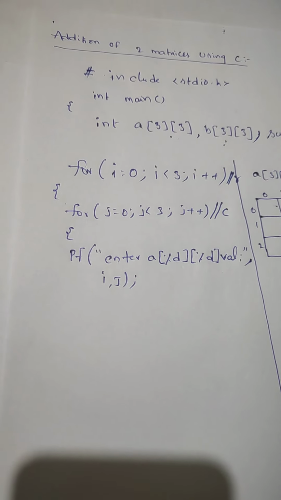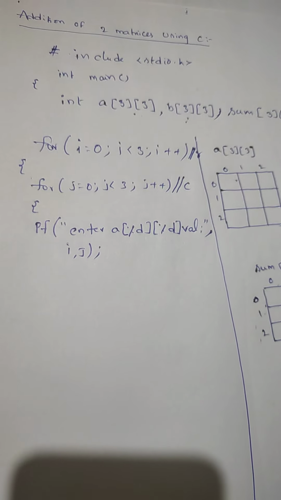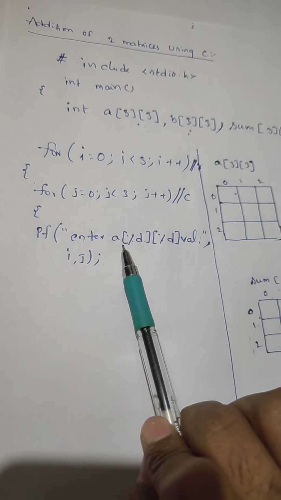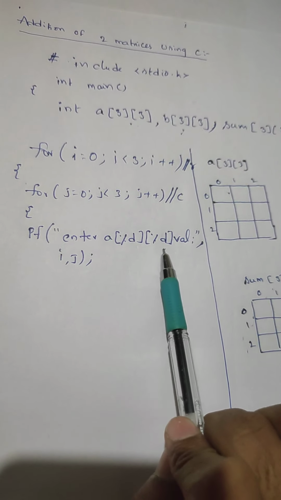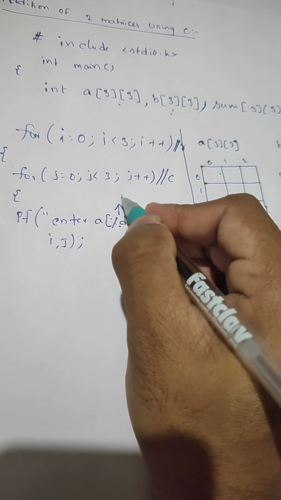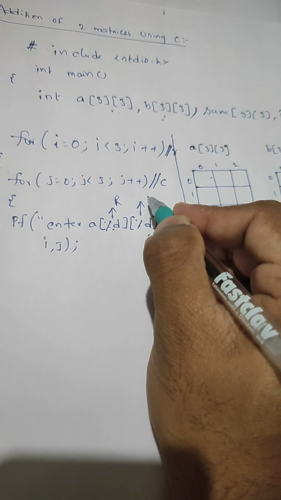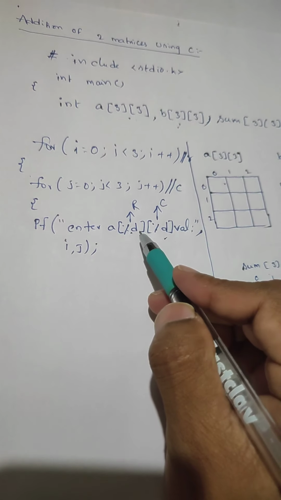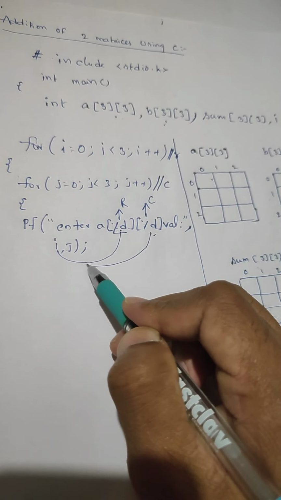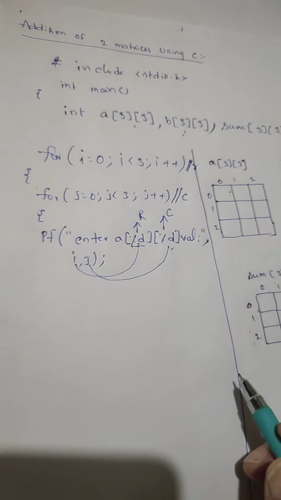Because we should clearly understand in which row and which column we are inserting the values. The first %d belongs to rows and the second %d belongs to columns.